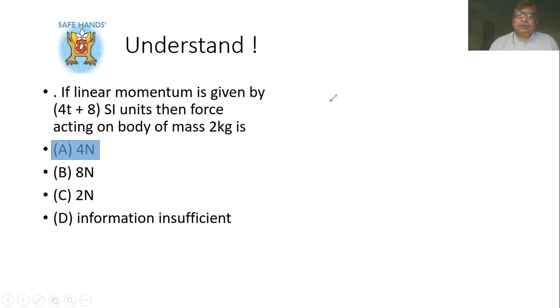I just need to remember that the force, according to Newton's second law of motion, is the rate of change of linear momentum. P is the symbol for linear momentum, and linear momentum is mass into velocity. It's a vector quantity.